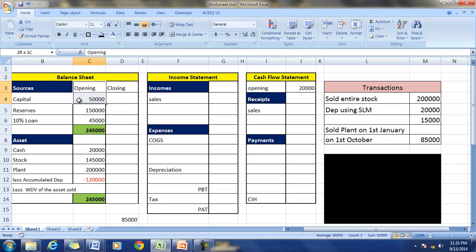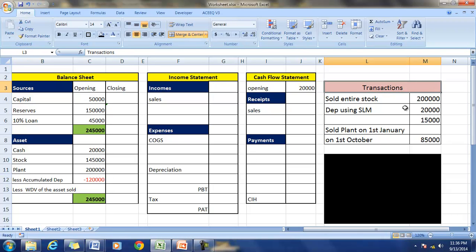So the opening balance sheet shows some sources and some assets. The focus of our presentation is on this plant. So the plant is 200,000 and already accumulated depreciation of 120,000 is there. So the WDV, the written down value of the asset, is 80,000.